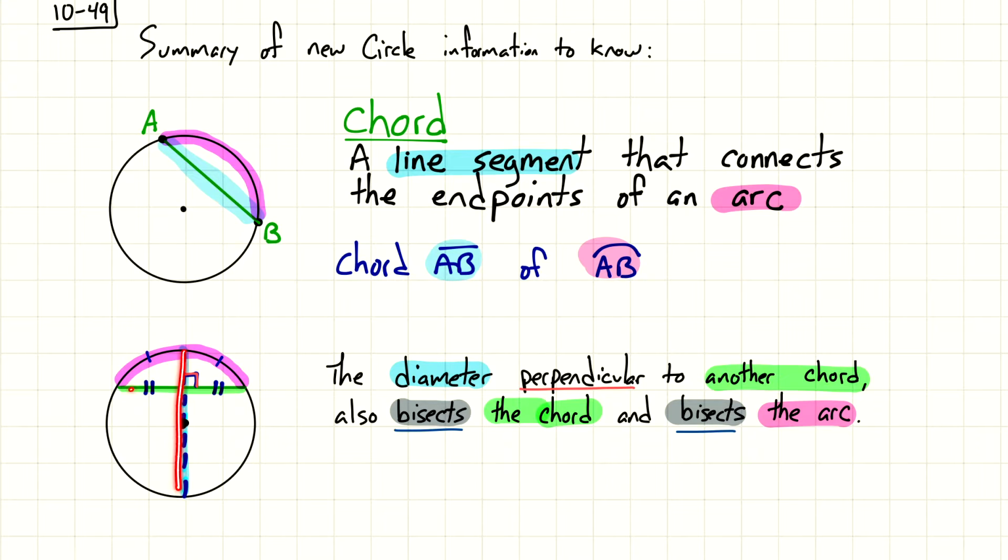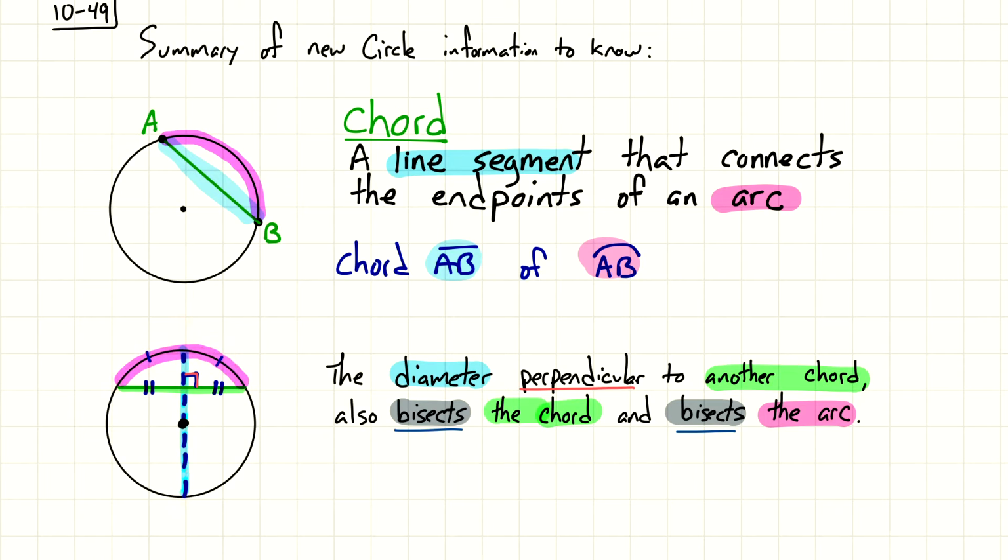So when these two intersect and they form a right angle, they're perpendicular, this diameter bisects, keyword here is bisects, the chord. So it means it cuts it in half. So these two segments are going to be the same. And then it also bisects the arc. So however long or whatever measurement this arc is, it literally cuts it in half. So these two portions are going to be the same.